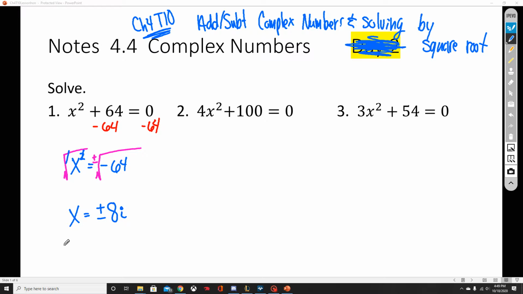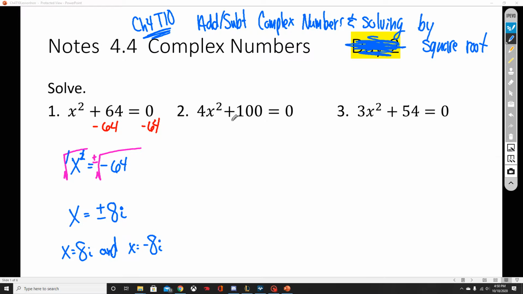So we have two solutions here: 8i and negative 8i. And those are our two solutions. Pretty straightforward. Let's continue.